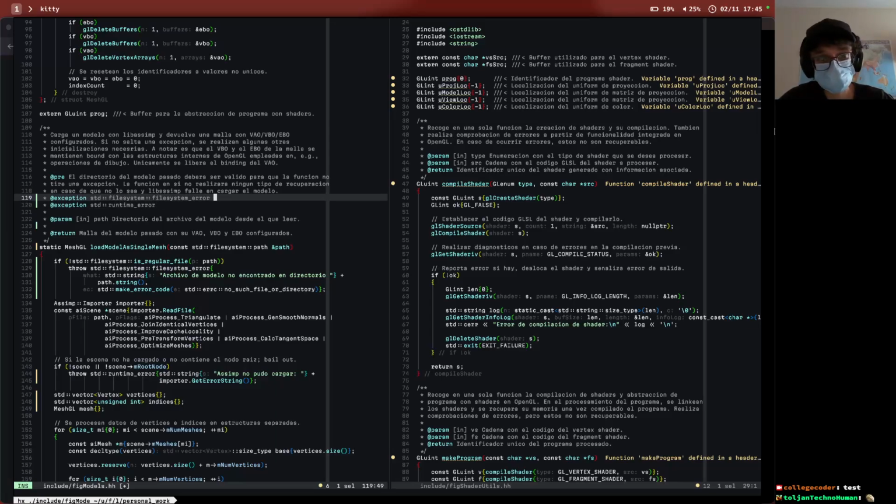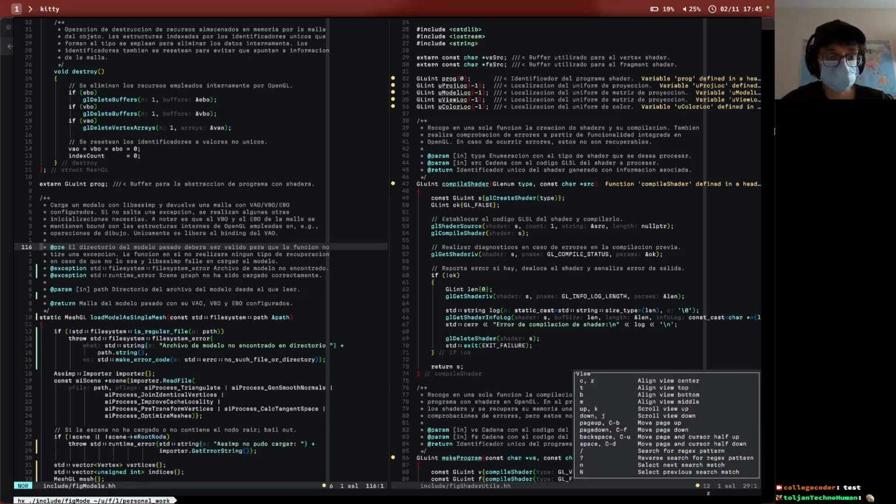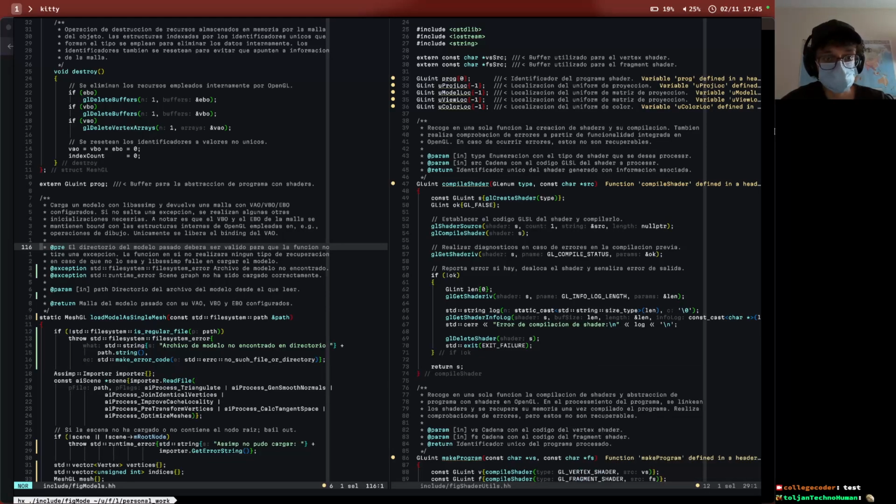So the filesystem error is going to be we didn't find the file, and the runtime error is going to be the scene graph didn't load. So yeah. The precondition is going to be, as I said, the directory has to be valid.